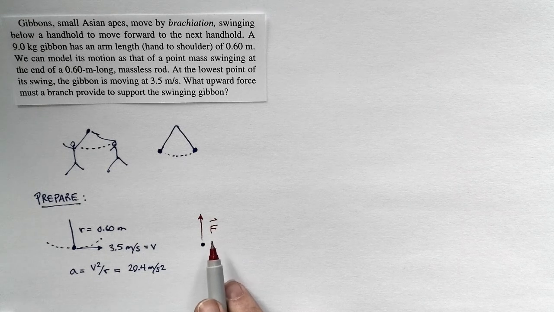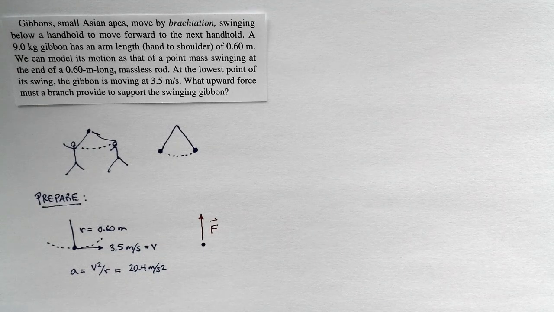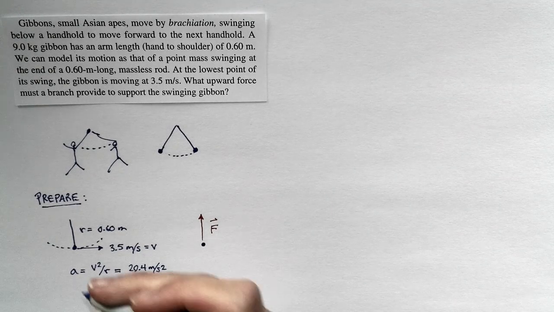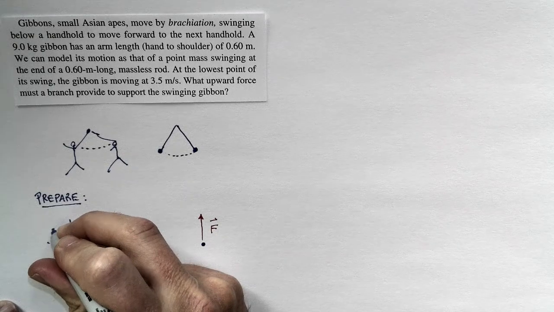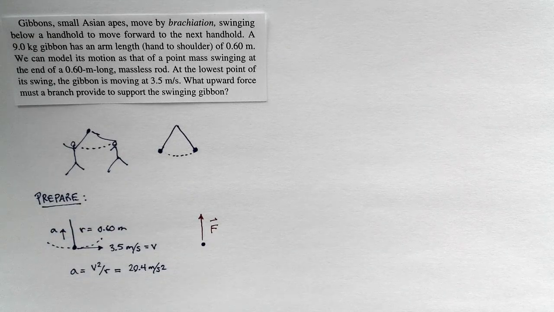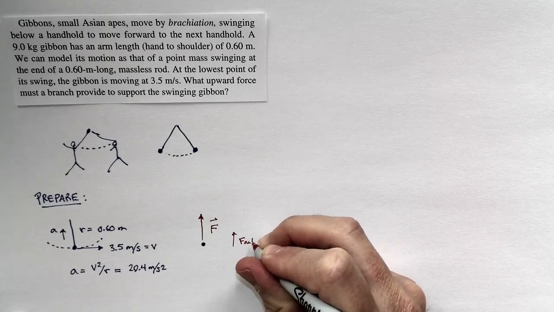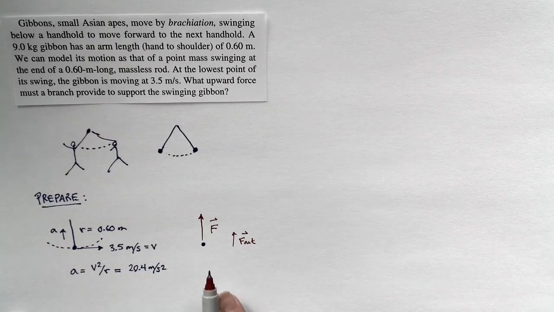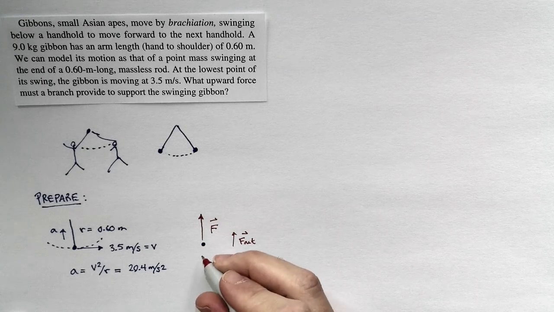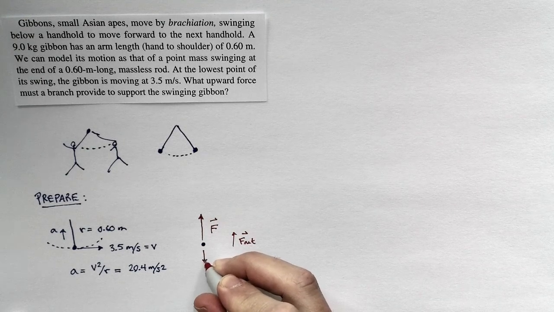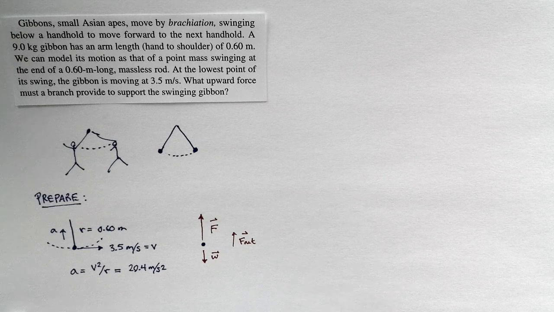This is an upward force, and that's the force that points towards the center of the circle. For circular motion, the acceleration is directed towards the center of the circle. The net force is directed towards the center of the circle. We know that has to be true. And so therefore, there has to be a force towards the center of the circle. This is the force, because the only other force is the long-range weight force.